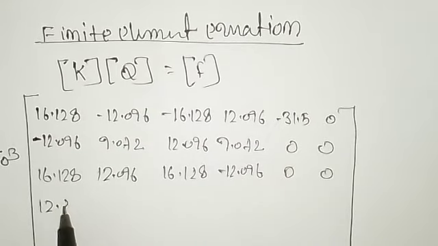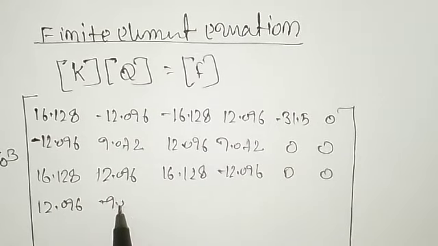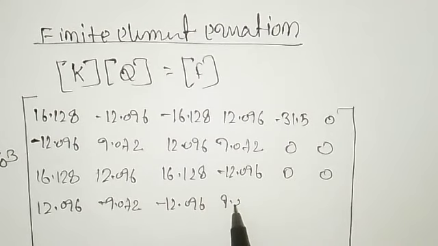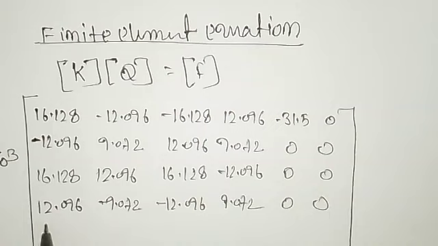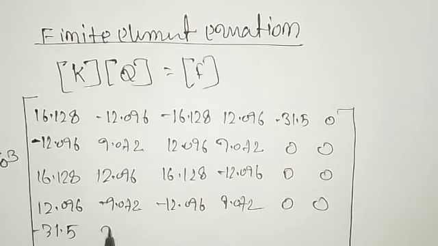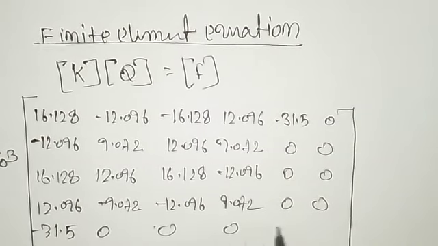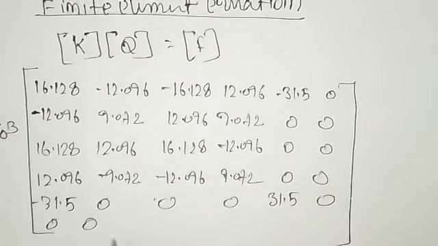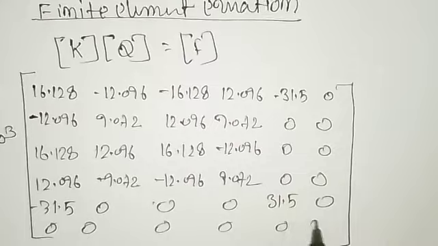Then 12.096, minus 9.072, minus 12.096, 9.072, 0, 0. Then minus 31.5, 0, 0, 0, 31.5, 0, 0, 0, 0, 0, 0, 0, right?